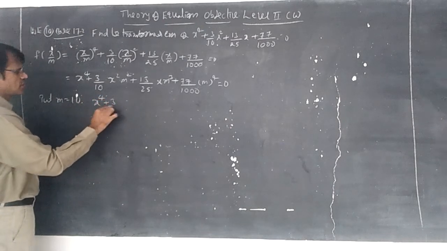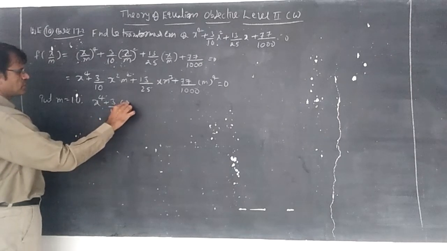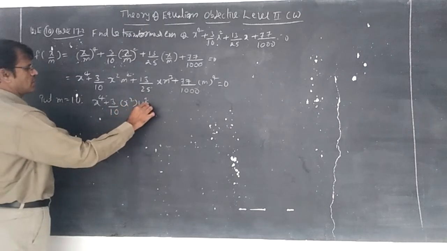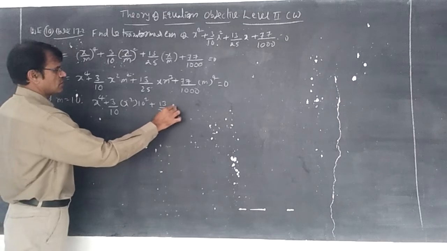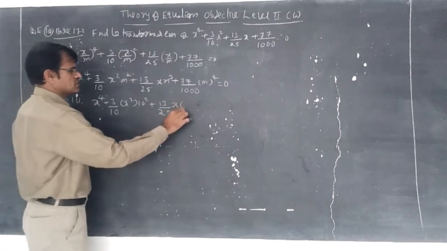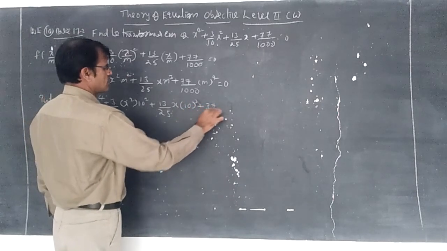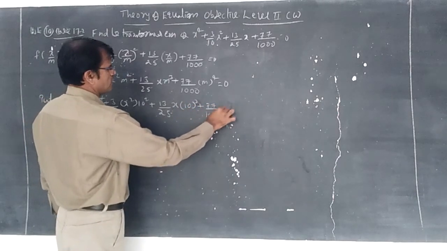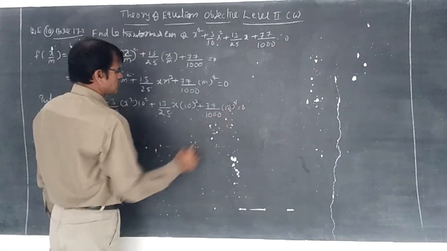So you can get here x power 4 plus 3 by 10 into x square into 10 square plus 13 by 25 into x into 10 cube plus 77 by 1000 into 10 power 4 equal to 0.